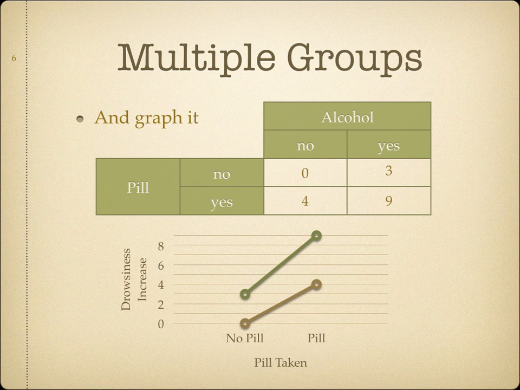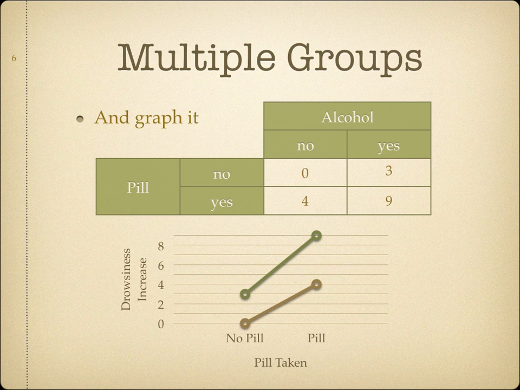The lower line, the brownish line, is representing no alcohol, and the more green colored line is representing yes, the person's had alcohol. And so the left hand green dot is representing no pill but yes alcohol given to the person.